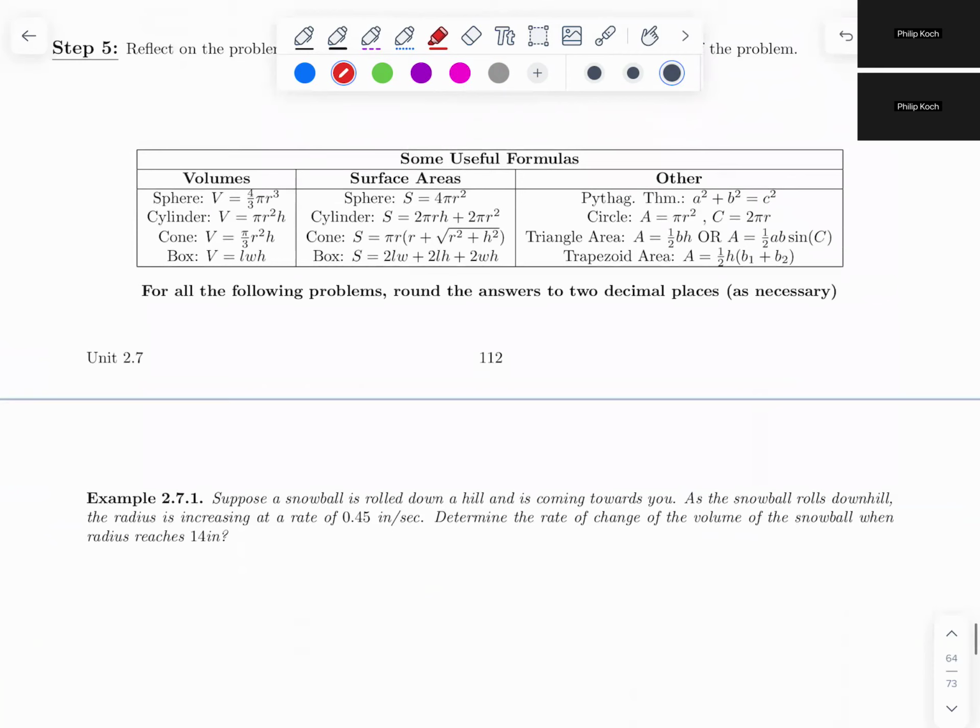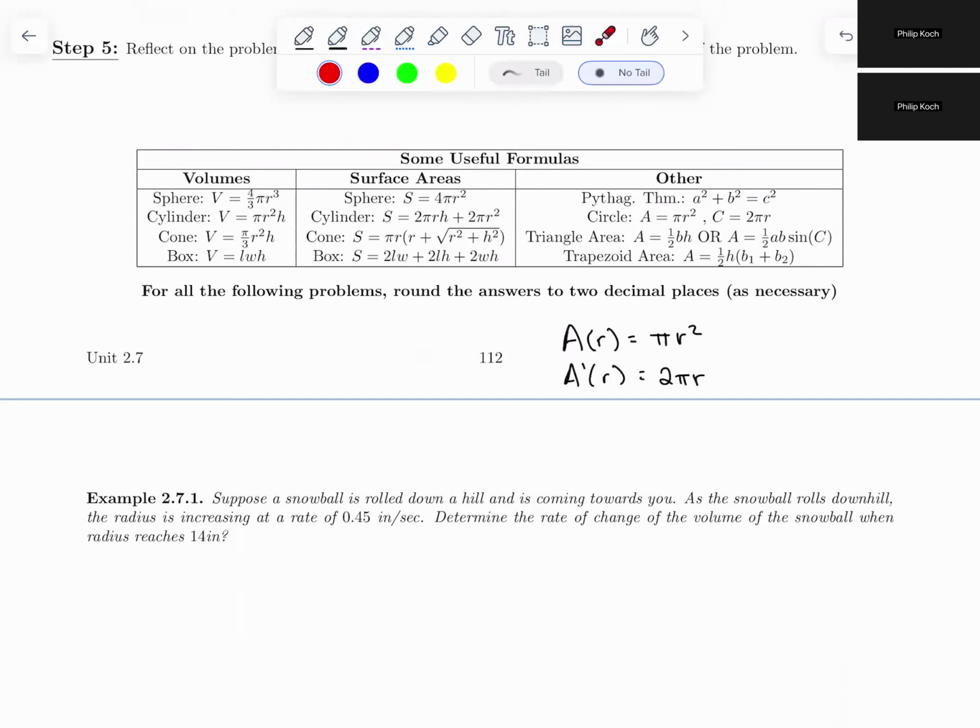If I have a function f of x, oh, it's a highlighter, A of x, let's say A of r. A of r is equal to pi r squared. What's the derivative of A of r? Two pi r. The derivative of the area of the circle is equal to its circumference.